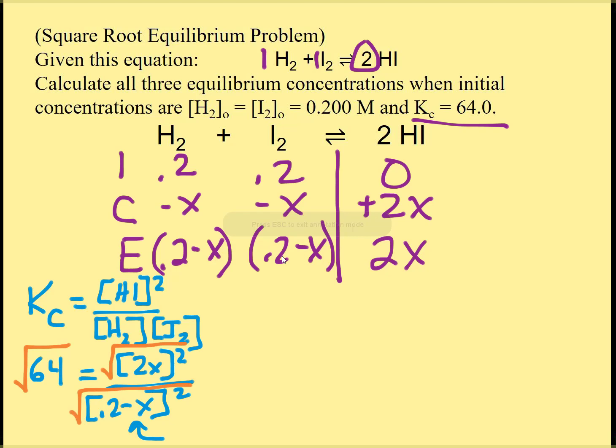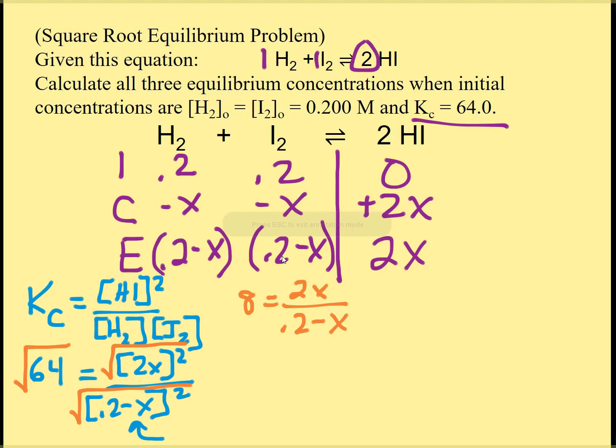So the square root of 64 would be 8. And then I'm going to have 2x here, and here I'm going to have 0.2 minus x. So this is just a way to get around the quadratic equation and not approximate. So just because you have a minus x doesn't mean you're always going to approximate.